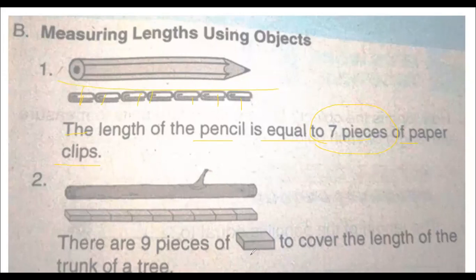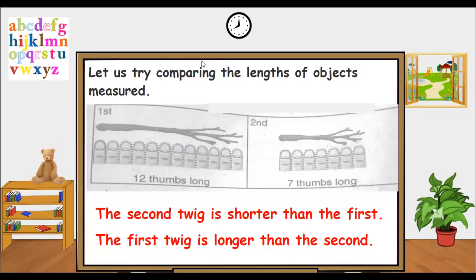And there are 9 pieces of blocks or squares to cover the length of the trunk of the tree. So that's how you are going to measure the length of an object. Okay, so did you get it? Okay, good, grade 1.